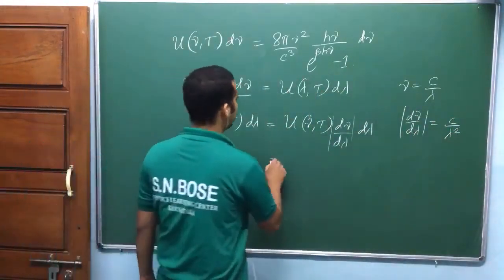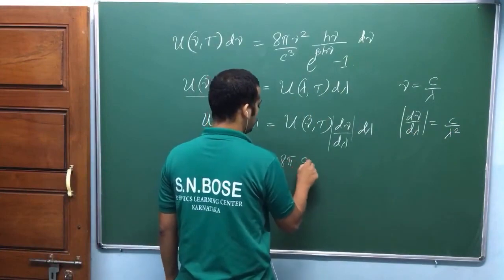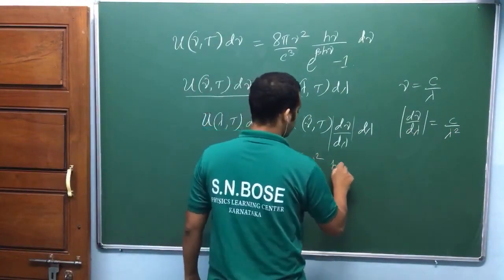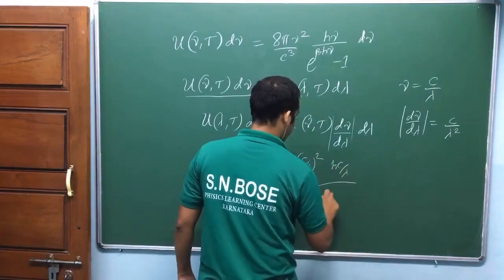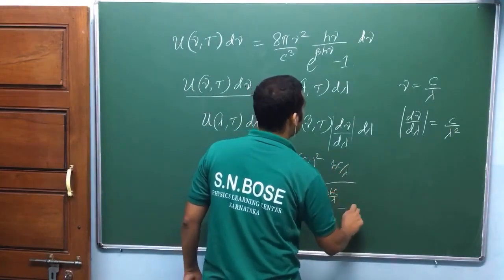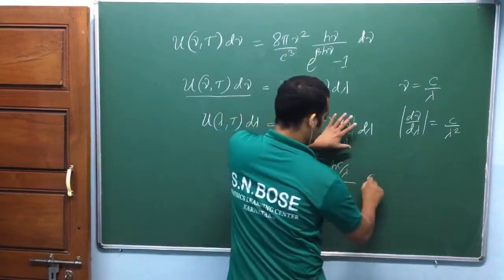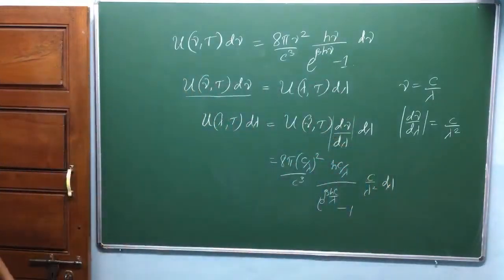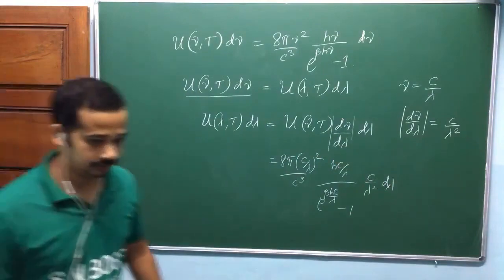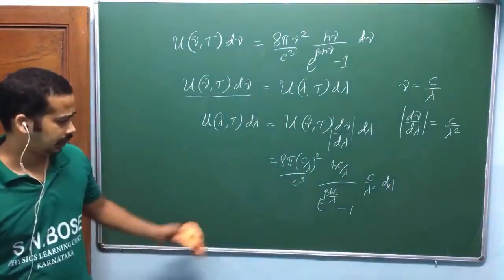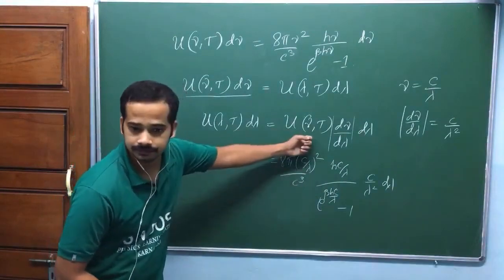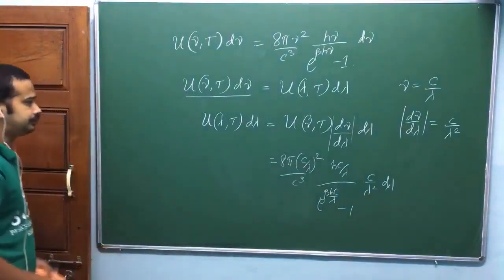Then 8 pi nu, with nu equal to c by lambda, the whole square, by c cube, times hc by lambda, e power beta hc by lambda minus 1, times c by lambda square, d lambda. You have converted the whole distribution in terms of lambda. I hope you can take this logic. Quickly grab that one.